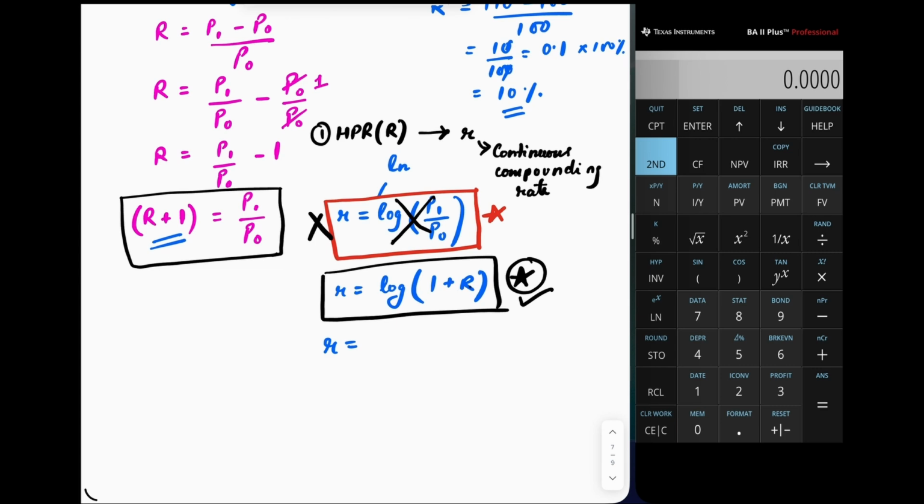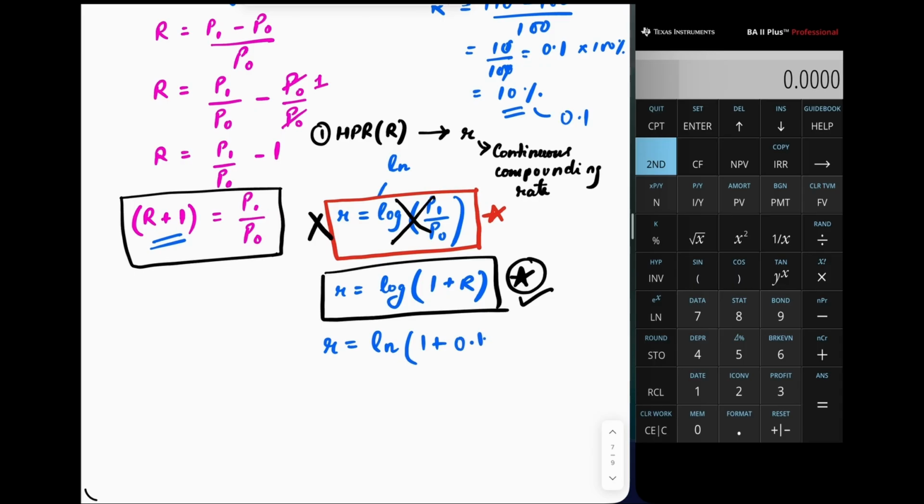Whenever you are given the holding period return, you can always compute your continuous compounding. For the above example, if I plug in the value, I can write it as ln(1 + R). R is 10%, or you can write it as 0.1.